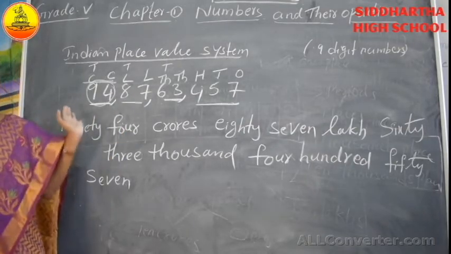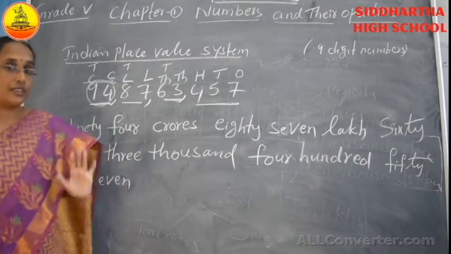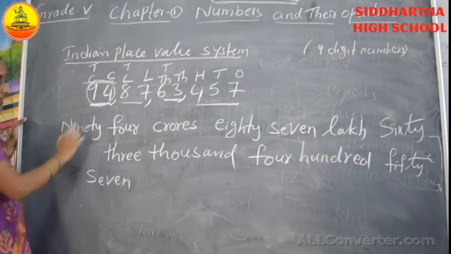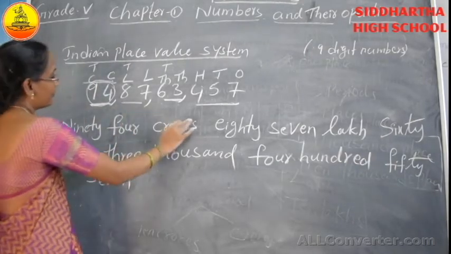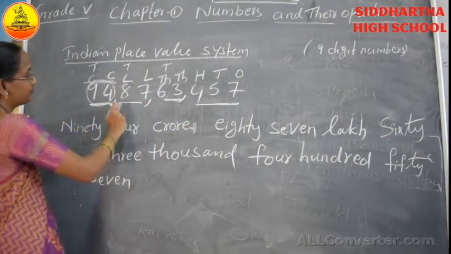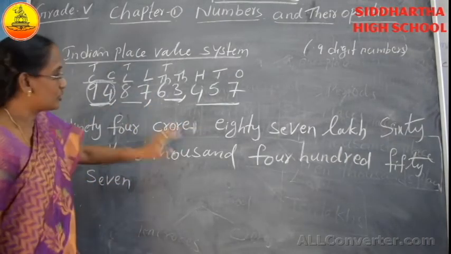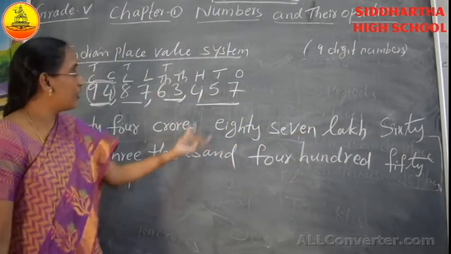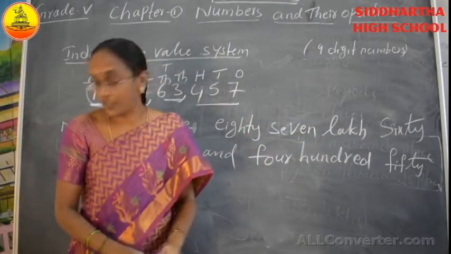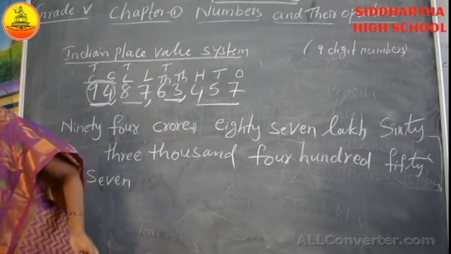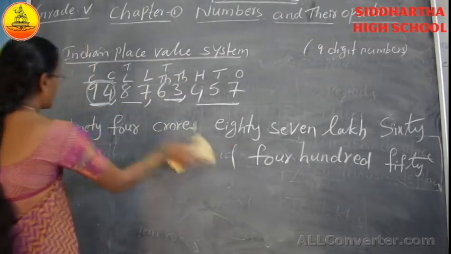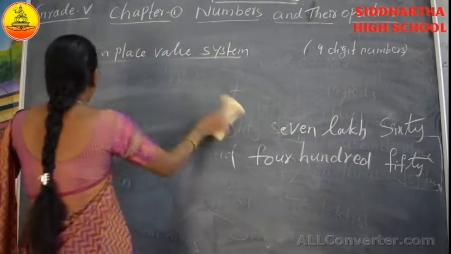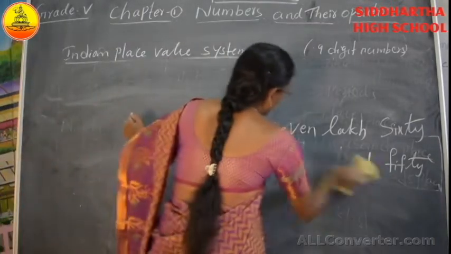This is 94 in the crores period, so you write 94 crore. 87 in the lakhs, so 87 lakh, 63,457. Okay, children. Not only for 9 digits, any digit number can be written in this way.